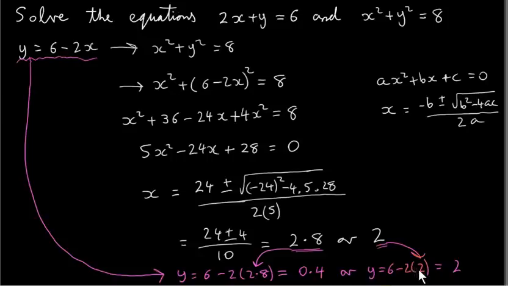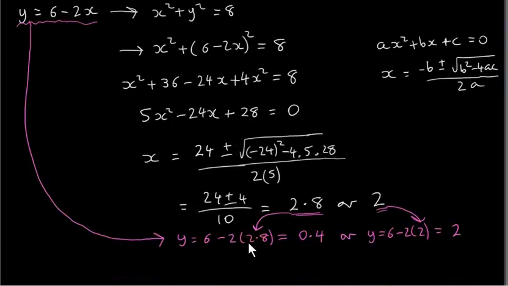That's y equals 6 minus 4, which is 2. So what we get are 2 points. When x is equal to 2.8, we find that y is 0.4. When x is 2, we find that y is 2. So we have two pairs of numbers, or if you like, 2 points in coordinate geometry.